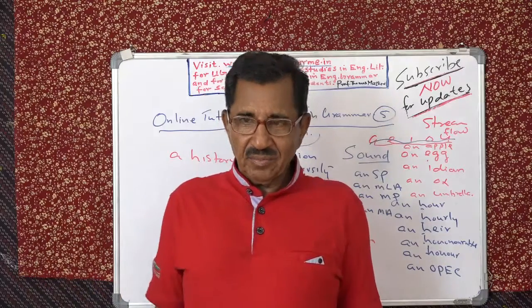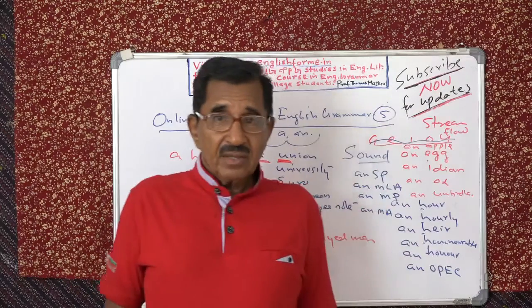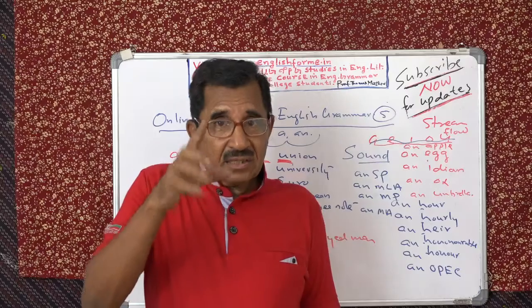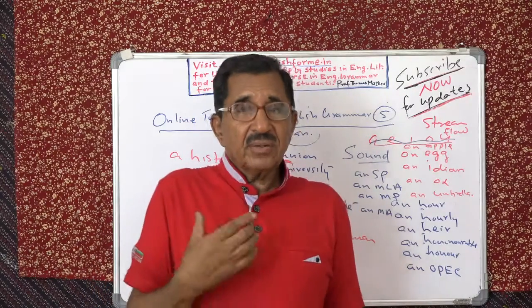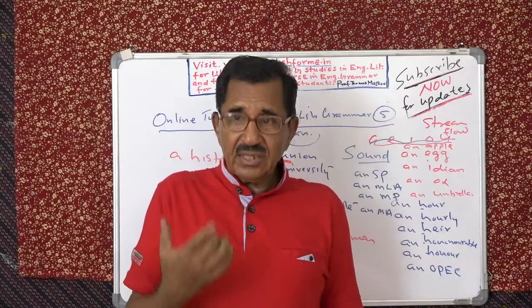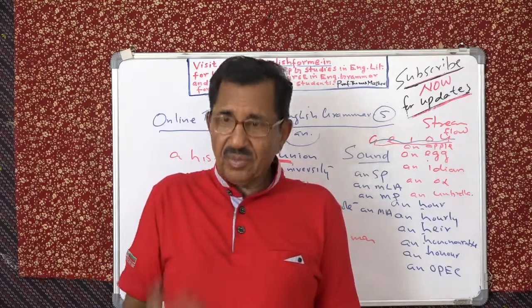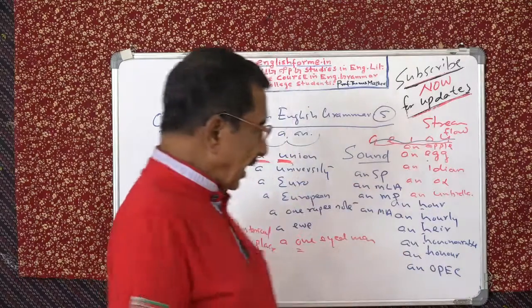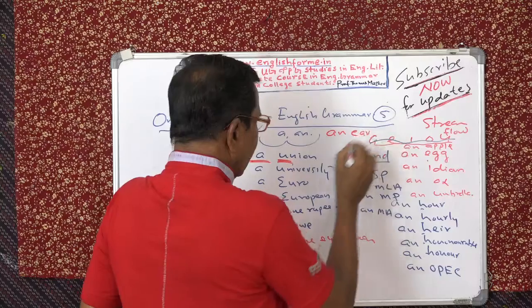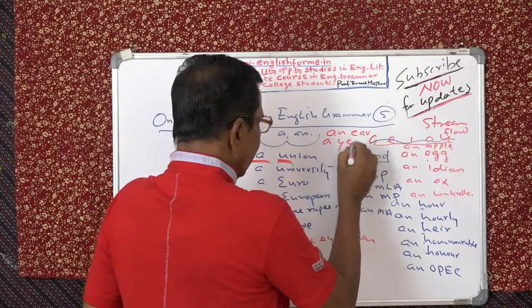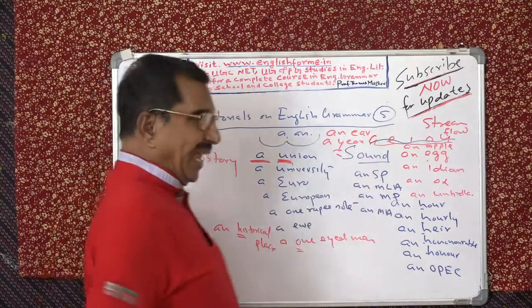Like that. But if you find a vowel letter is there, but the pronunciation begins with a consonant sound, for example, a European, a university, a one-eyed man, a 1 rupee note, a year, not an year.